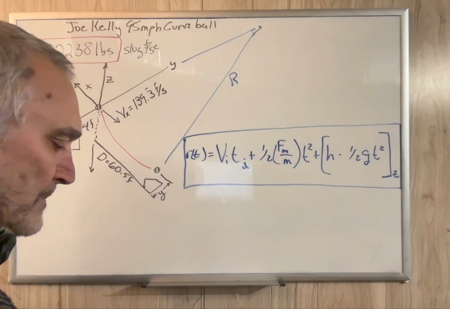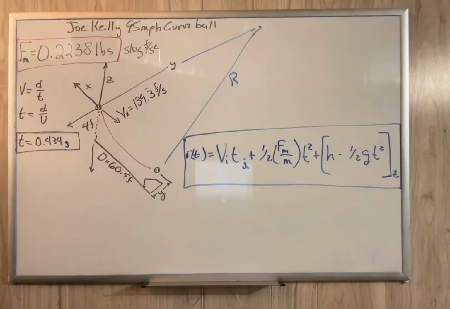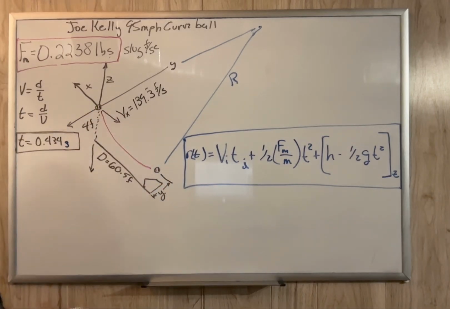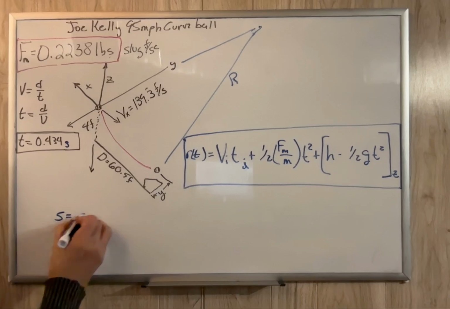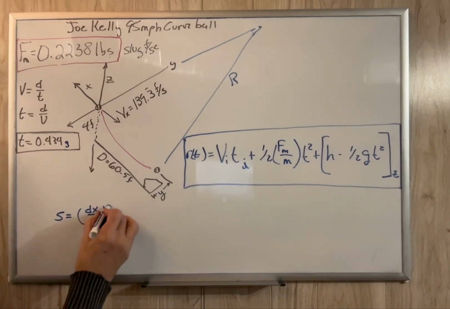Anyway, I hope that gives you a little insight into some fun stuff with Joe Kelly and the 95-mile-an-hour curveball. The next video, we're going to look at what the actual path is. We're going to find s. And s is going to be equal to what?